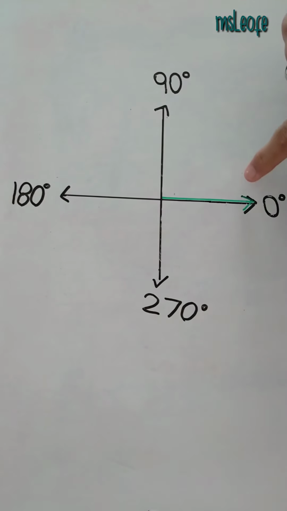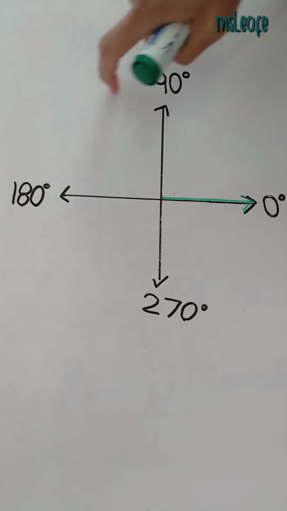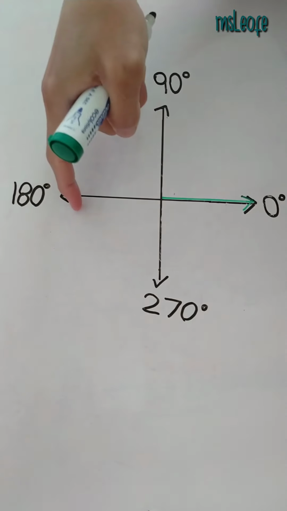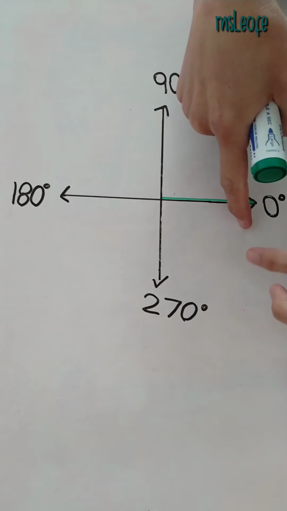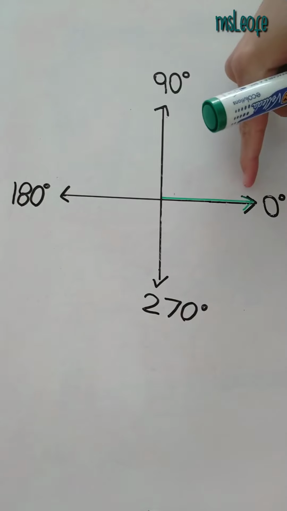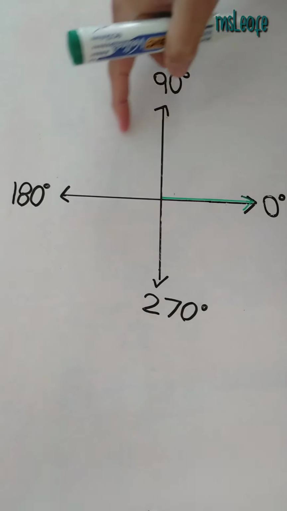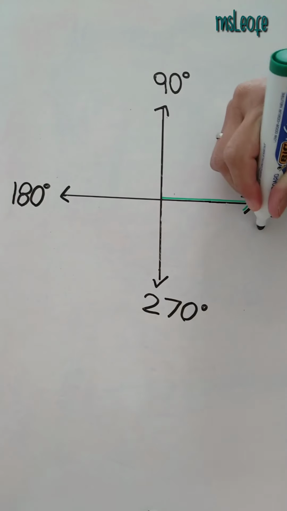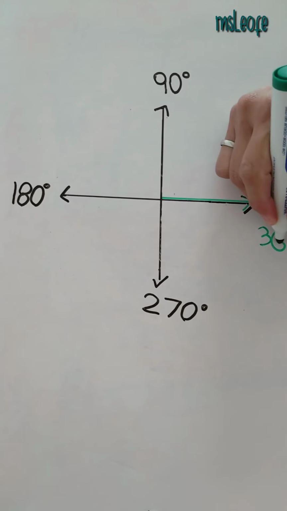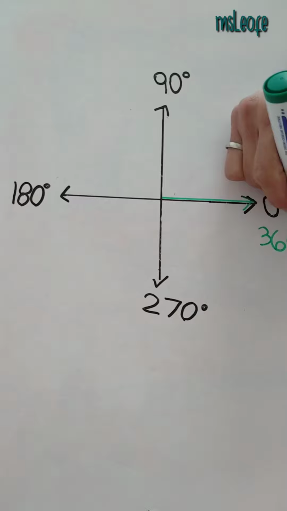There are still degrees like 1, 2, 3 up to 90, 91 up to 180, 181 up to 270, and up to 360. If you make a full turn, you'll have 360 degrees.